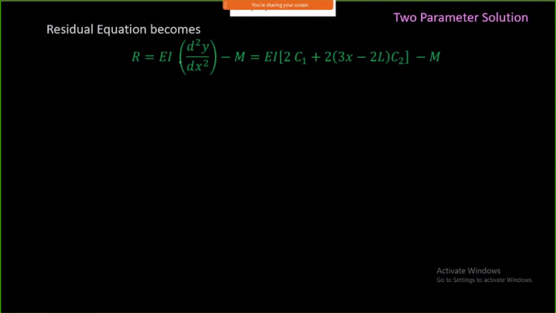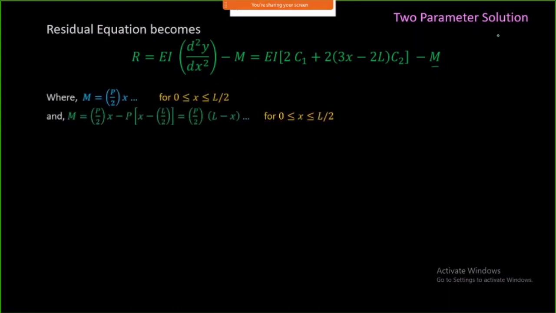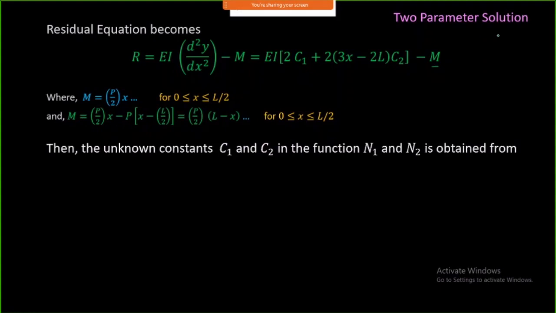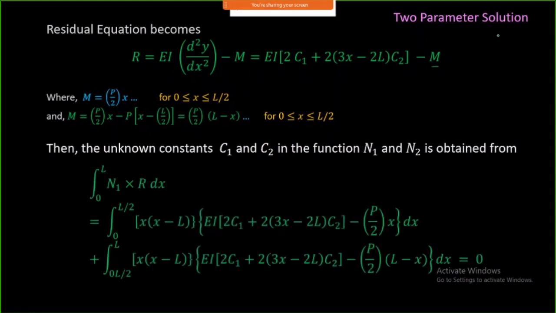So here d2y by dx square is determined, and you can substitute it. M is to be determined for two phases, one from 0 to L by 2 and another from L by 2 to L. That way you can get these two moments, and obviously we need two weight functions. Here is my first weight function n1, and now I can substitute for each phase.